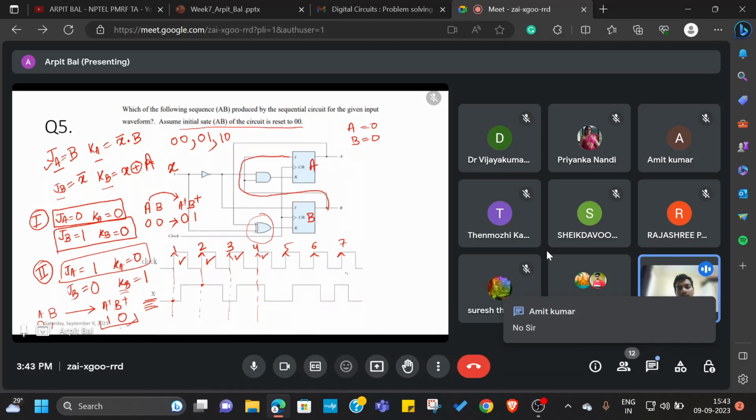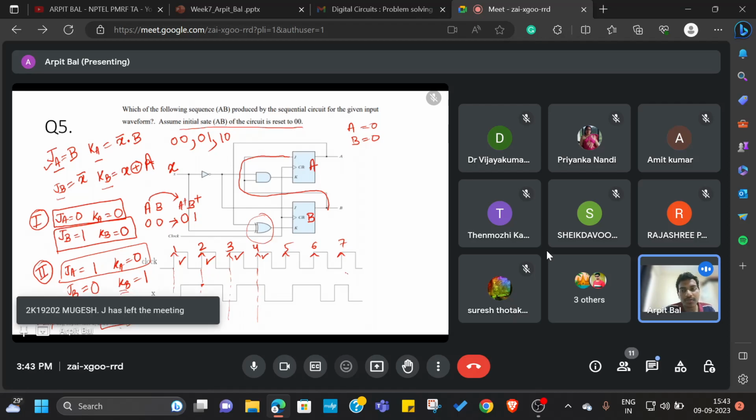Okay, so it may look like a lot of laborious work in these types of questions, but it is actually going to be a very good exercise if you try to solve it for all the 7 clock pulses.